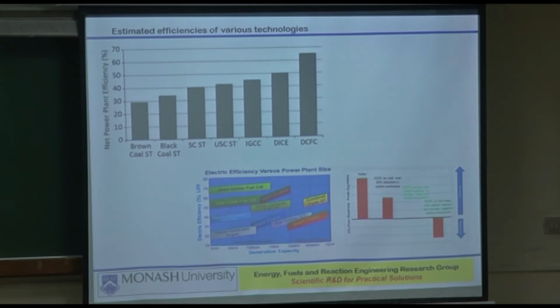And direct injection coal engine was a relatively new development in the early 2000s, where the diesel engines were modified to fire coal slurry directly into the engine.